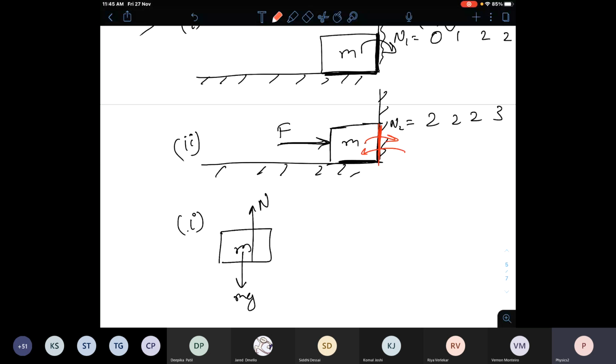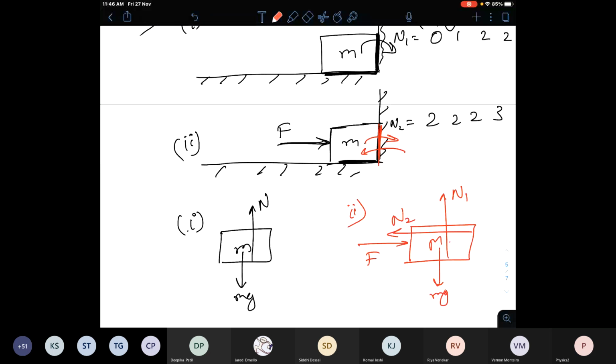So in the second case, my diagram will be: mg in the downward direction, balanced by one normal, and a force in this direction balanced by a normal reaction in this direction. These can be written as N1, N2.